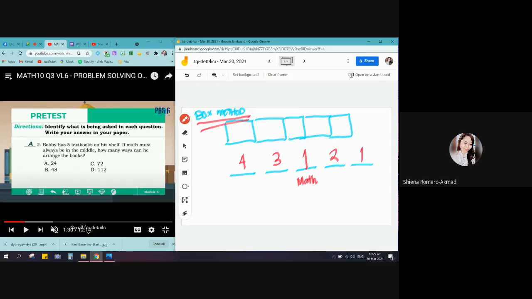Tulad nito, meron siyang condition na dapat the math book must always be in the middle. So, good example of condition. Kaya nga gumamit tayo ng box method. And if we multiply this, we'll get the answer, which is 24. Okay? So the answer here is 24. I use the box method.